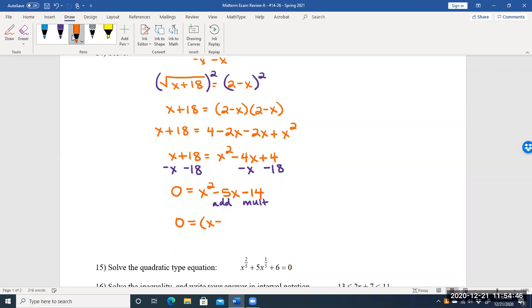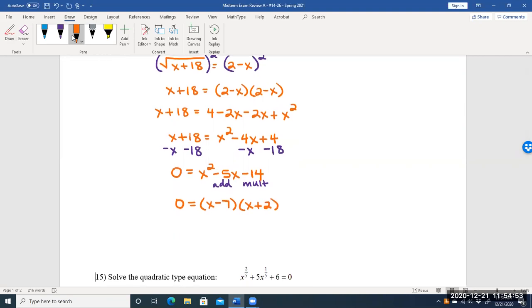So that makes our factors x minus 7 and x plus 2. And then we're going to set our factors equal to 0 and solve. And our two potential solutions would be 7 and negative 2.